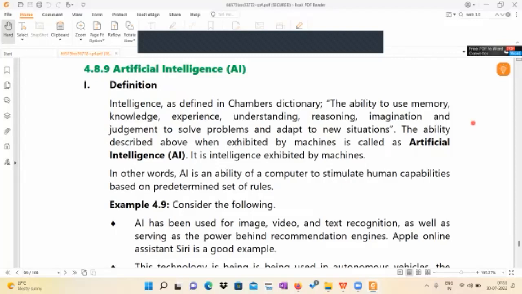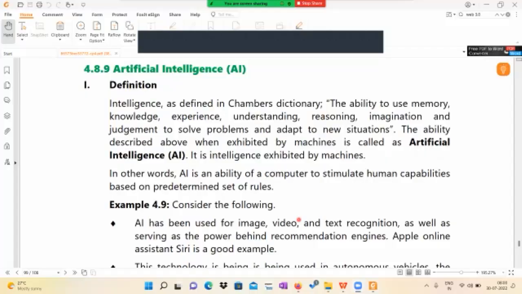Where is artificial intelligence used? It is used nowadays for text recognition and voice recognition. Artificial intelligence is used for text recognition. Take Google images, for example.